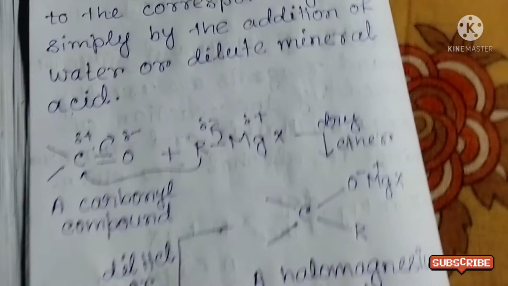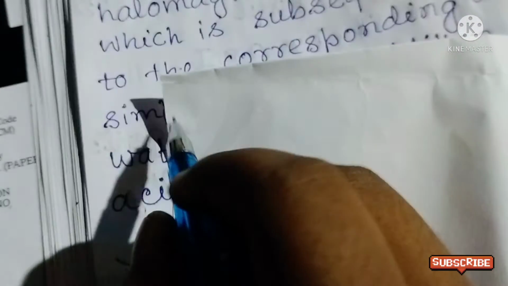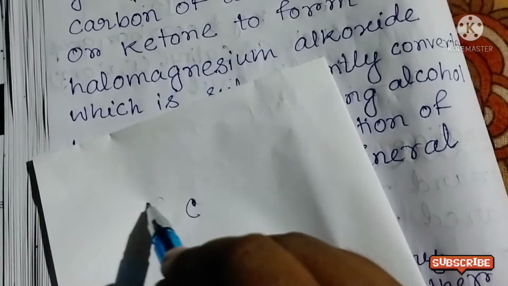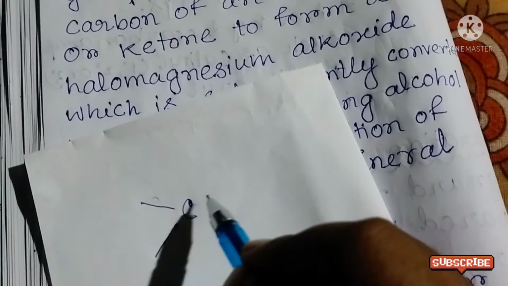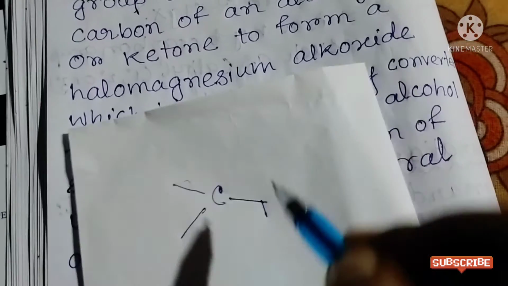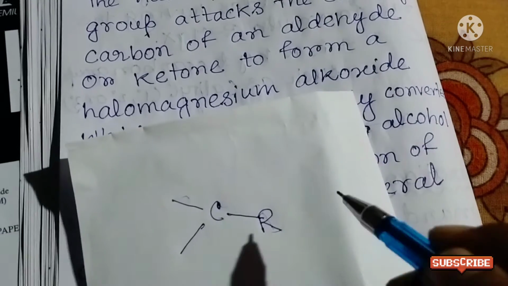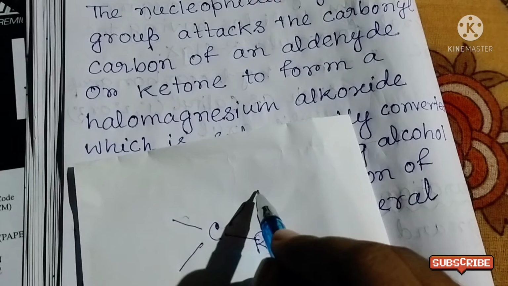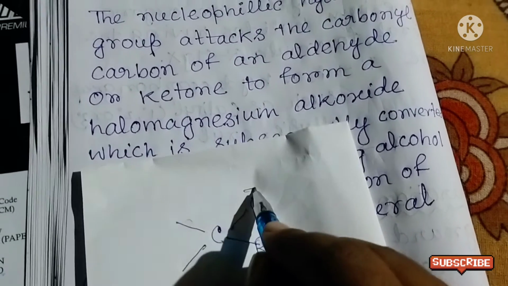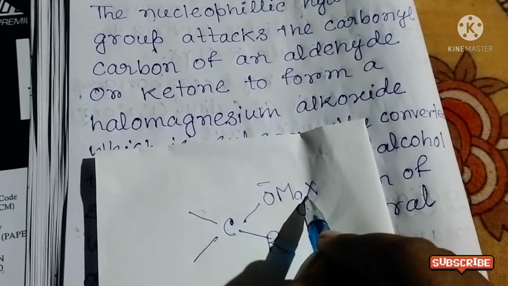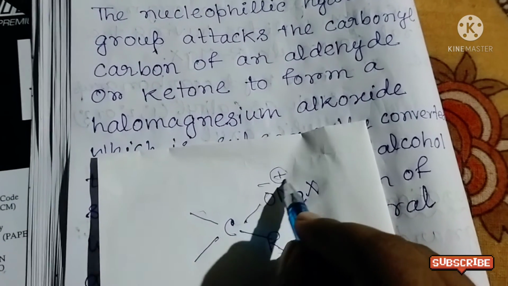So students, how do we write it? Now see. Here R is attached and here O minus MgX plus is added.